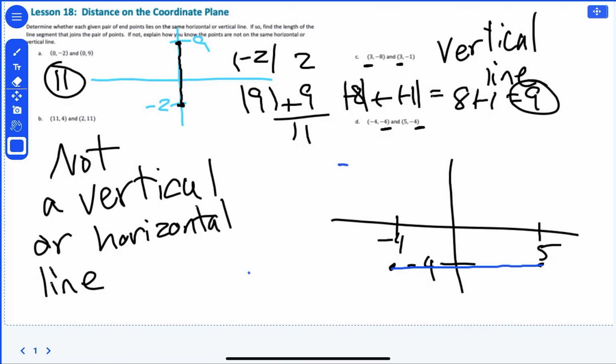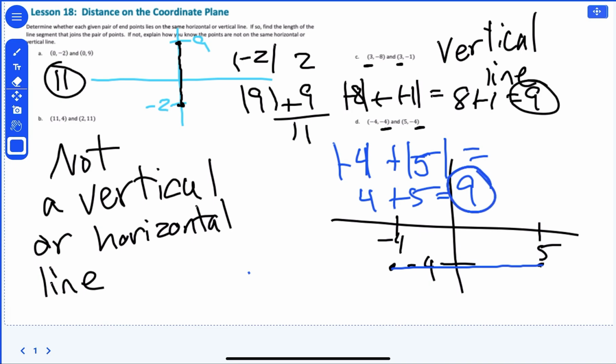We're going to do the absolute value of negative 4 plus the absolute value of 5, and that is 4 plus 5 equals 9.